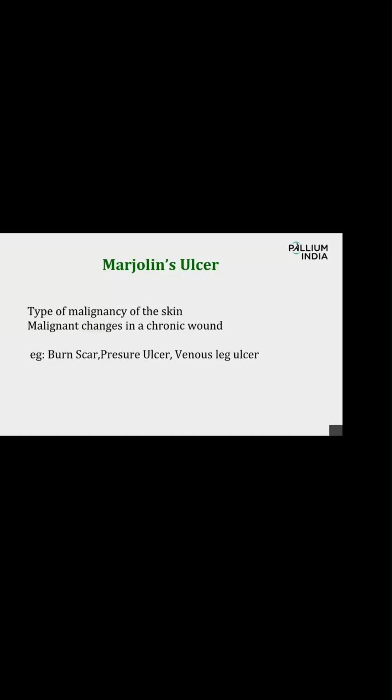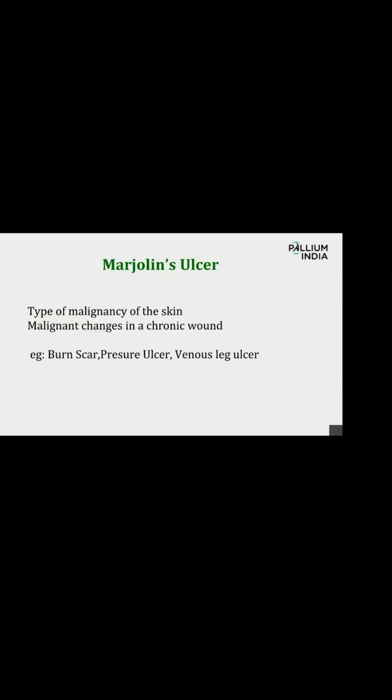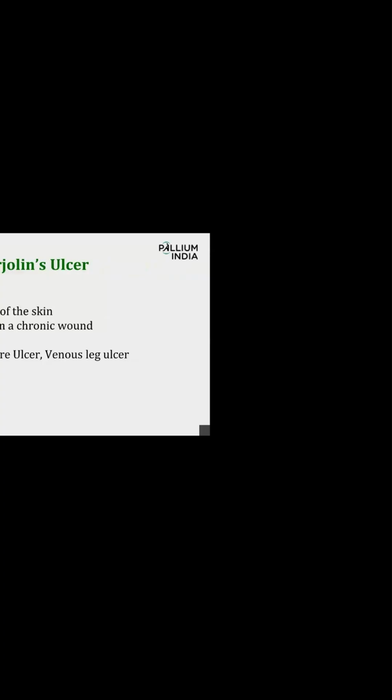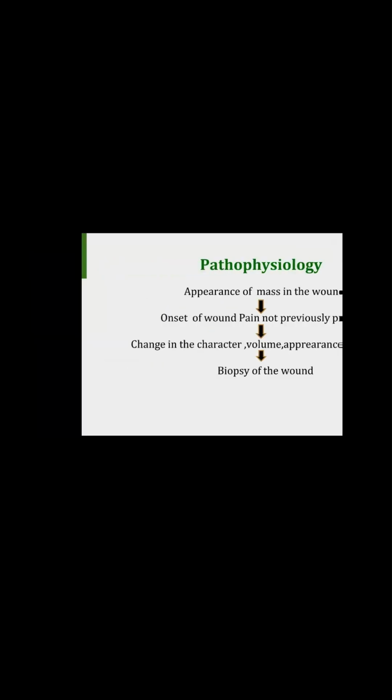Okay, then the pathophysiology of Marjolin's ulcer. Appearance of a mass in the wound. Just imagine an open wound like that. In that wound, a mass appears, and you have to apply this pathophysiology here.